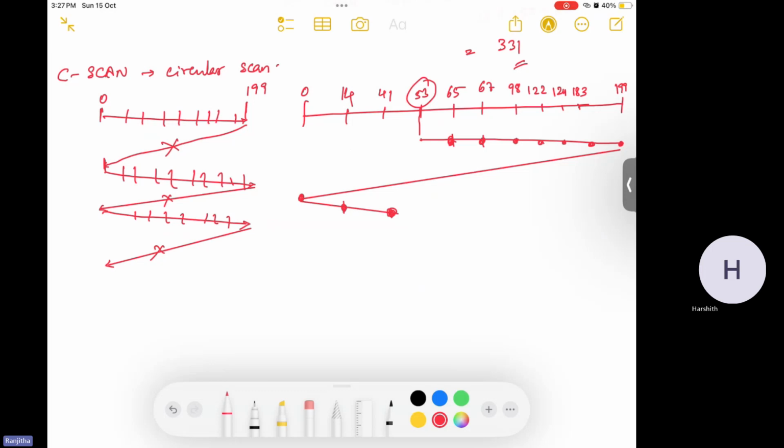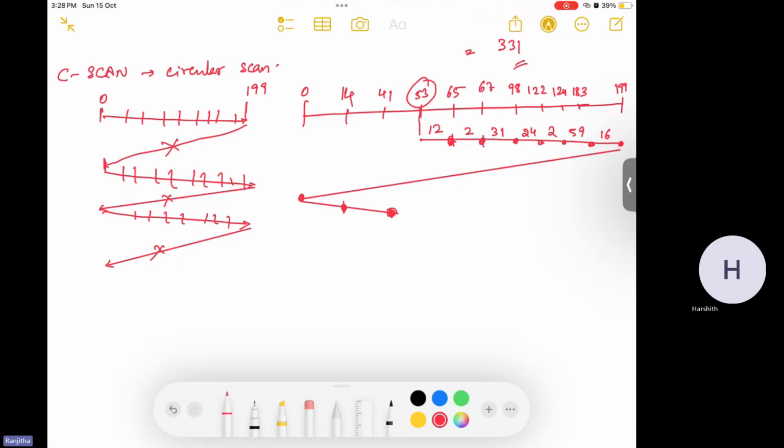So here the number of disk movements needed will be, again, 53 to 65, it is 12, then 2, 31, 24, 2, 59, then 16.